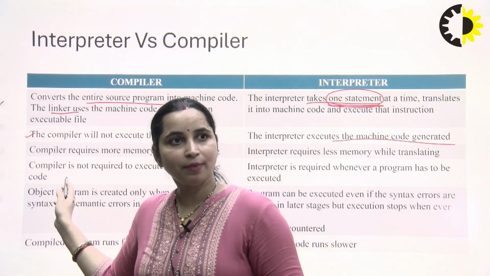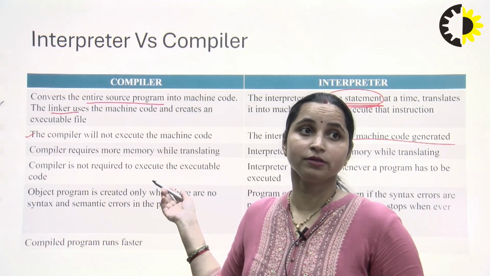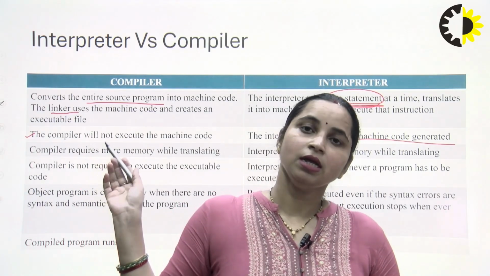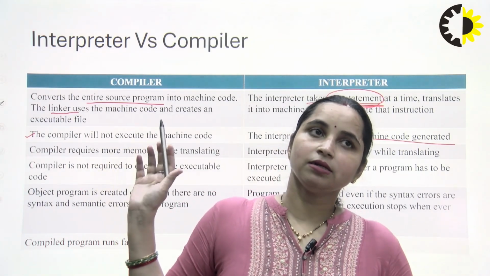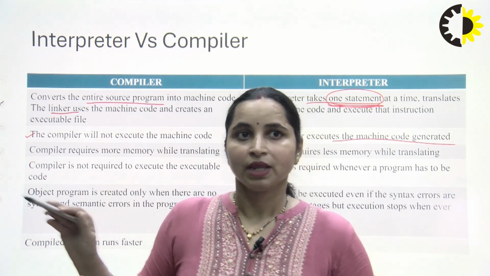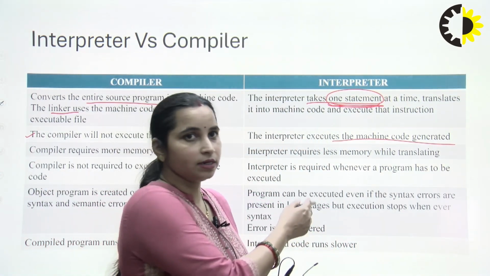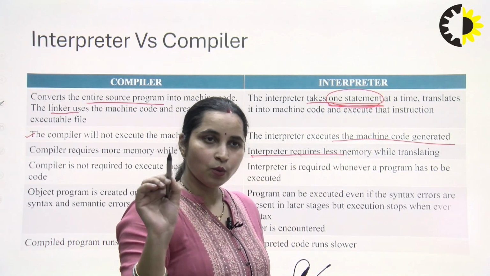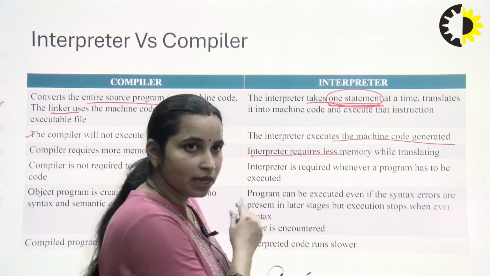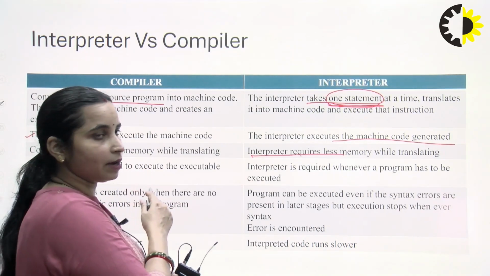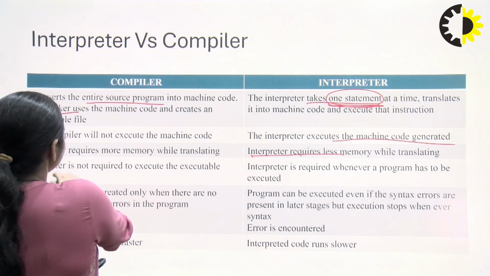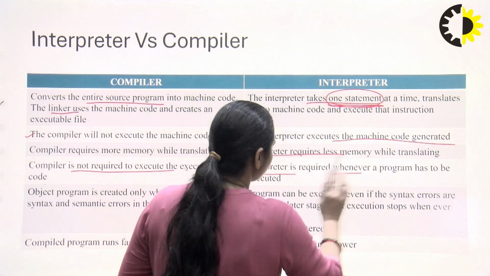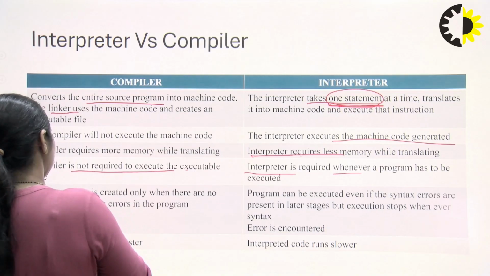Then the compiler requires more memory while translating. Why does it require more memory while translating? Because it converts the entire source program. The interpreter requires less memory because it requires only one statement at a time, though it requires memory for the complete source program, right? The compiler is not required to execute the executable code, but the interpreter is required whenever the program has to be executed.